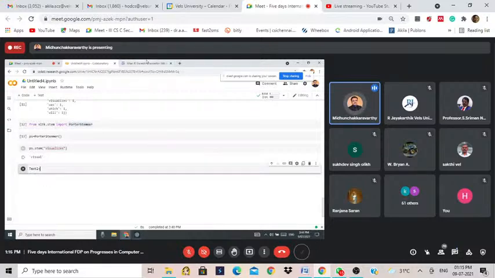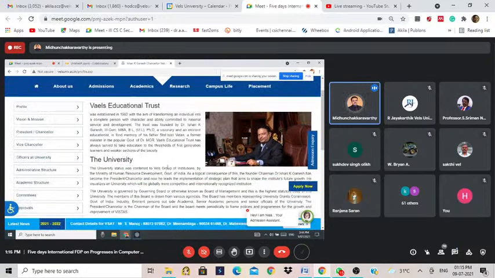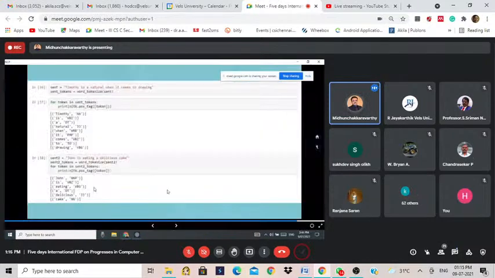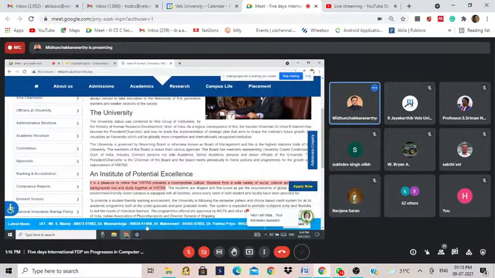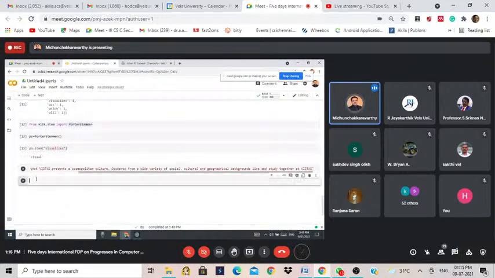Text 2 is a variable. I take only one sentence from here, just this one. So text 2 has some value, and to get text 2, I just type.